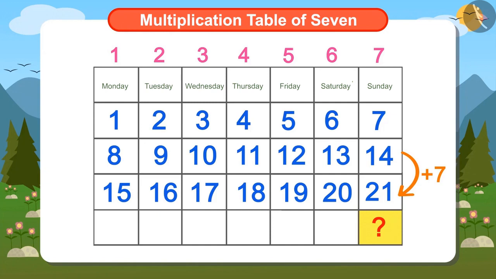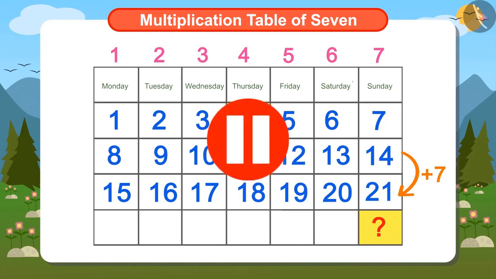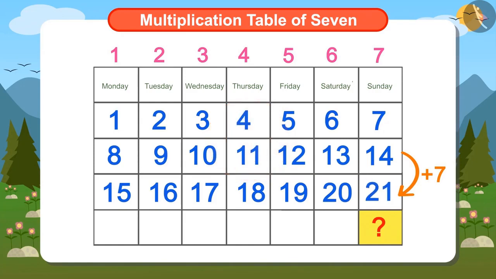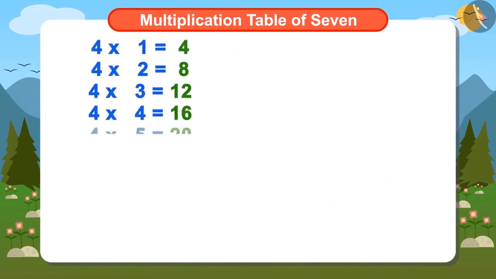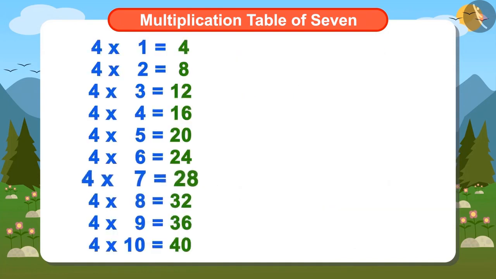Pause this video for a while and try to find out. To find the date of the Sunday after 21st, Ayushman has to find the next number in the multiplication table of 7, that is 7 multiplied by 4. Ayushman does not know the multiplication table of 7, but he knows the multiplication table of 4. 4 multiplied by 7 is 28.